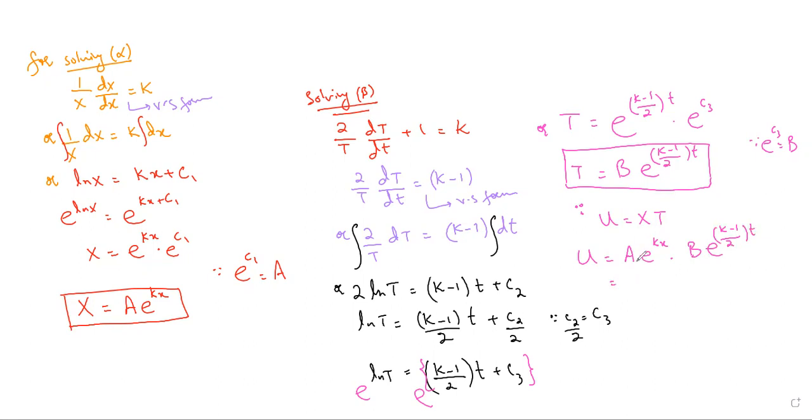So A into B is another constant, A into B can be written as C, let's suppose, into exponent of kx into exponent of (k minus 1) divided by 2 into t. So this is basically the general solution of the given partial differential equation.